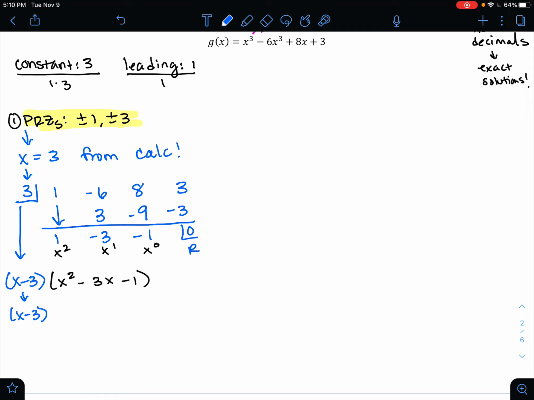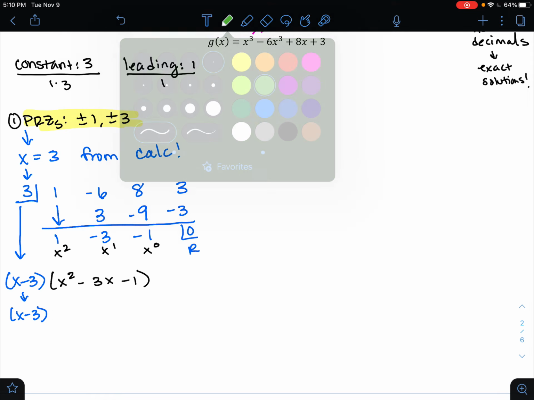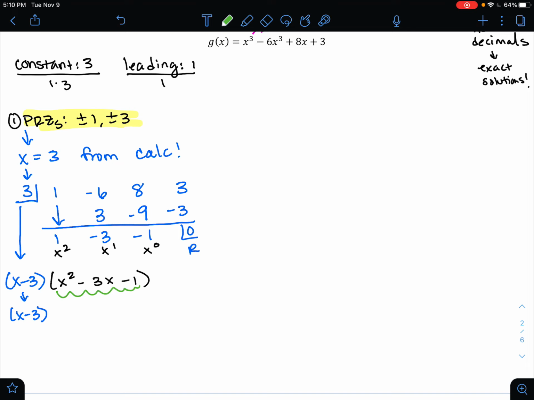Let's try and factor this factor right here. If I were to do that using the area model, I would have x squared and -1. So here I'm looking for factors of -1 that add to -3. There are no such factors. We cannot factor this.